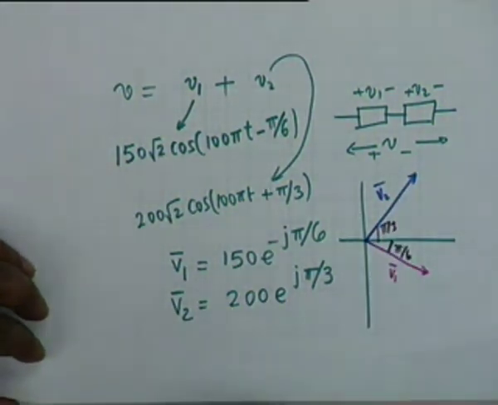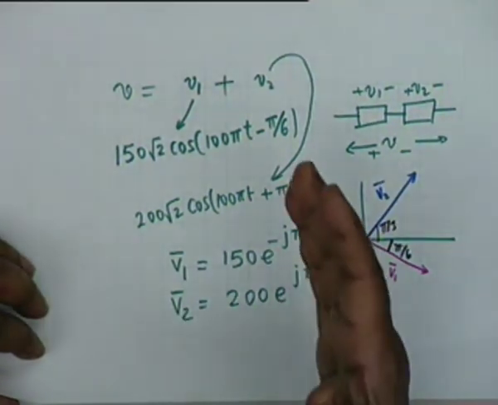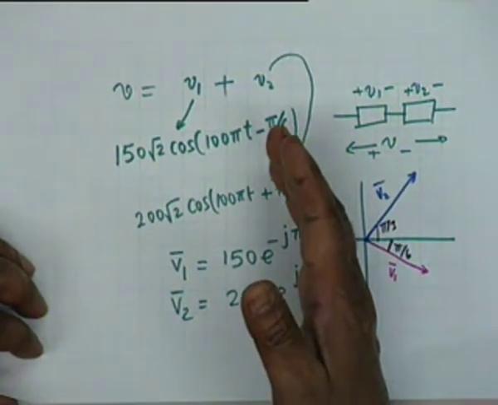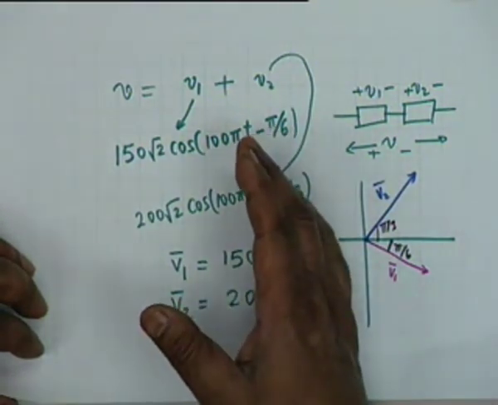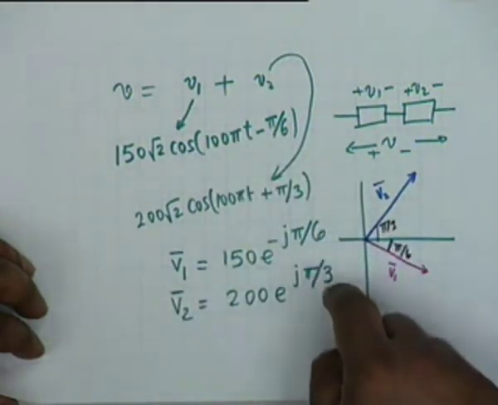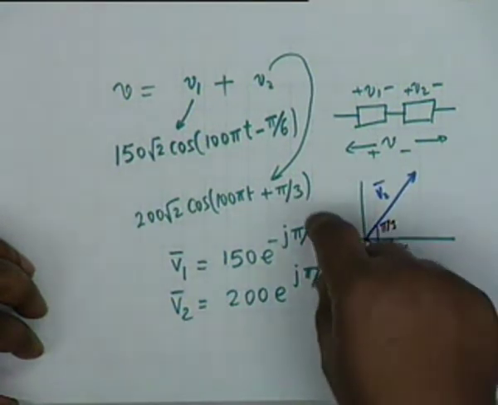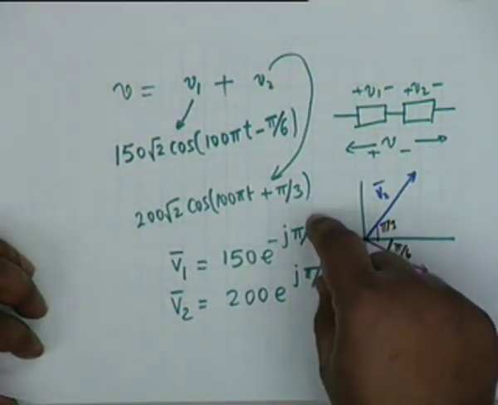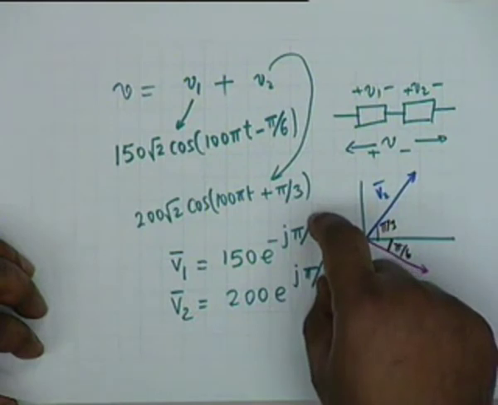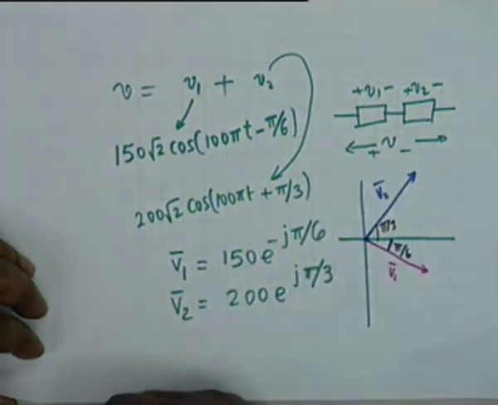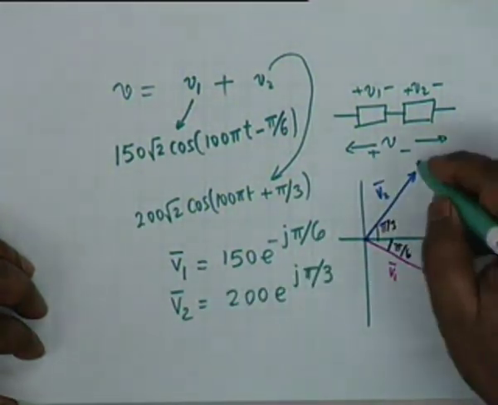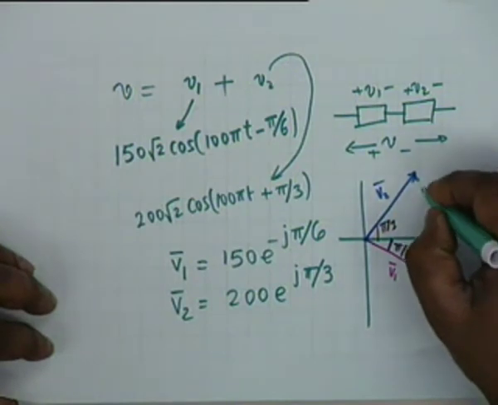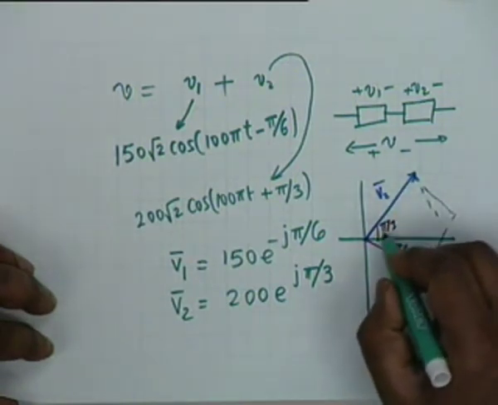Now we add these two phasors, alright, because the only information that we have gotten rid of is root 2 e to the power j omega t. This is common to both, and therefore you can add them up. Do you see the logic? You add them up and take the real part. How do you add them up? You can do this by means of parallelogram of vectors.